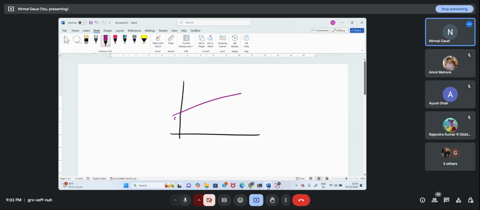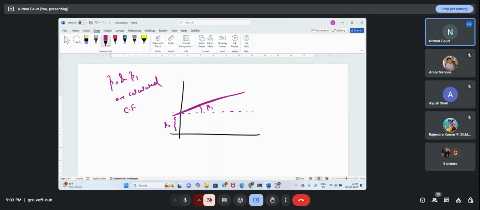The correct line should have to be this, if I consider beta naught as an intercept and beta 1 as a slope. This should be the line. But beta naught and beta 1 are calculated by optimizing the cost function, by differentiating and putting it to 0.